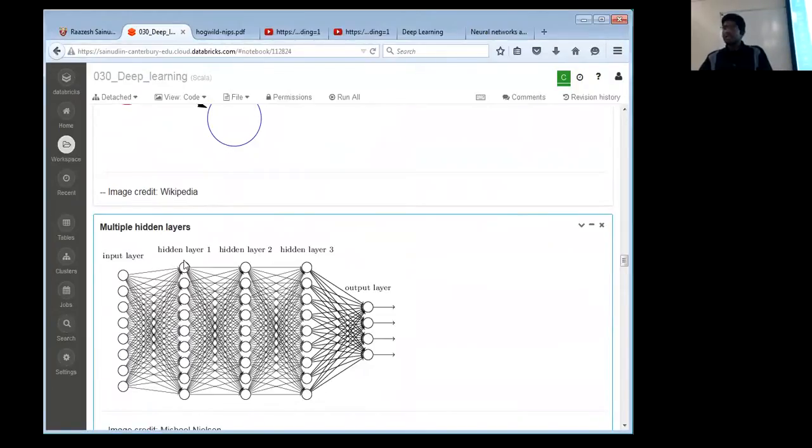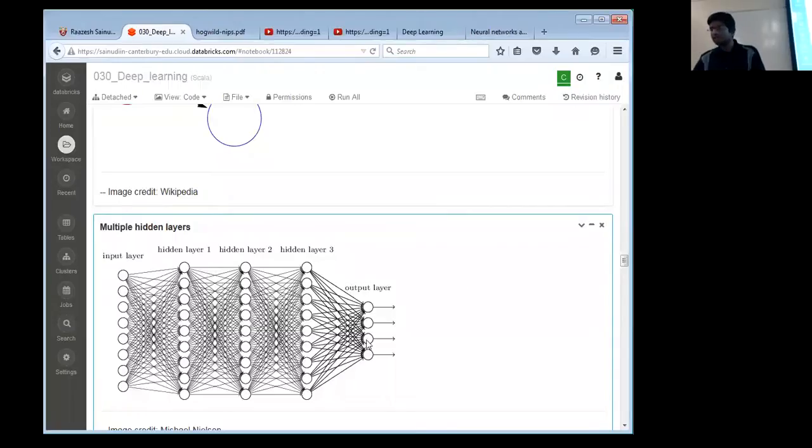In this image, the hidden layers are shown to be of the same size, but they need not be the same size. If you have different sizes in these hidden layers, they actually mean something, and we'll see that later. Each input is connected to every single unit in the hidden layer, and the hidden layers themselves are connected to every single unit in the next layer. This is why it's called a fully connected network.